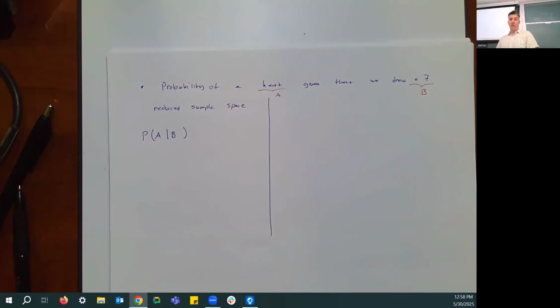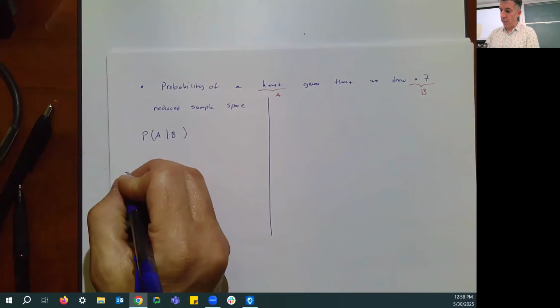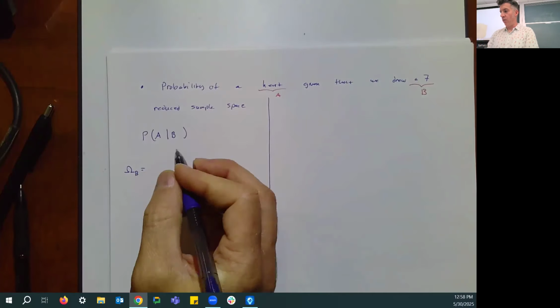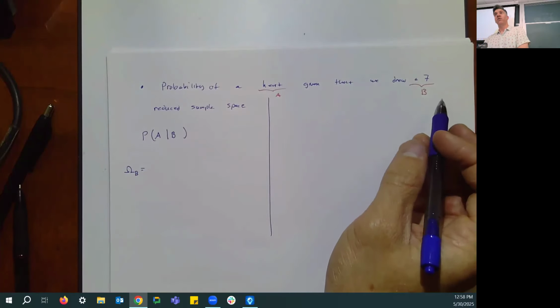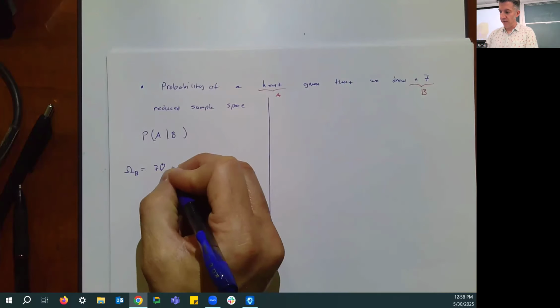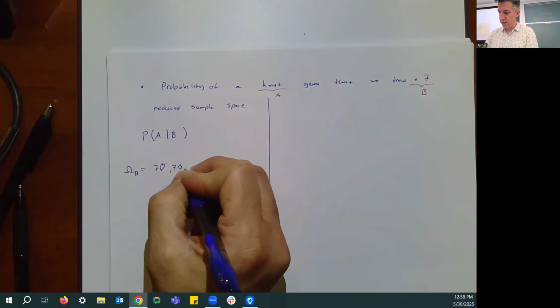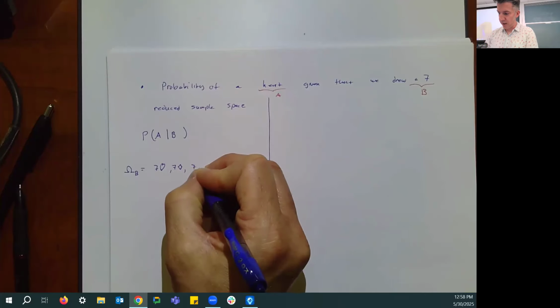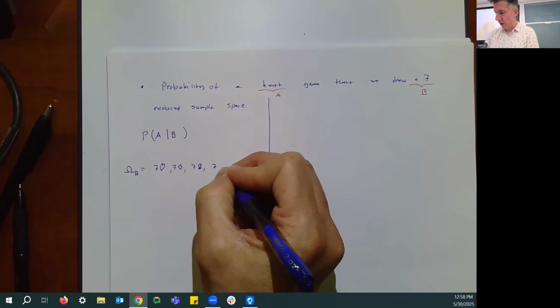So in this case, our reduced sample space, our omega B, well, we know we drew a 7. There's 4 cards that are 7s. The 7 of hearts, the 7 of diamonds, the 7 of spades. I can pretend like I can draw a spade. Sure, no, that looks terrible. Or the 7 of clubs.